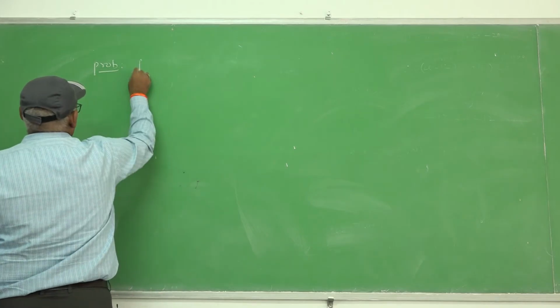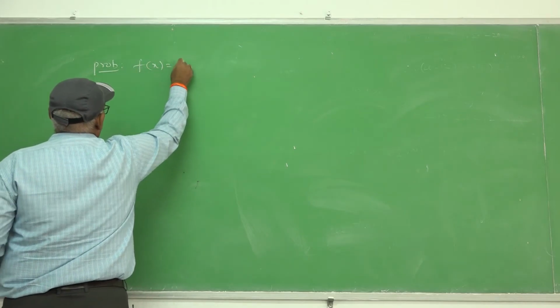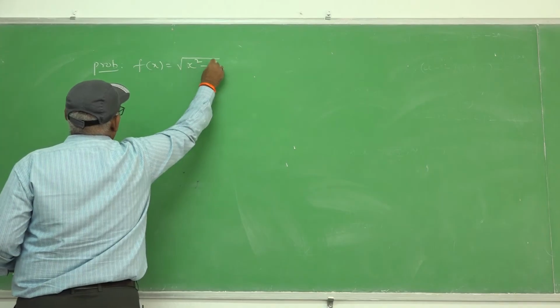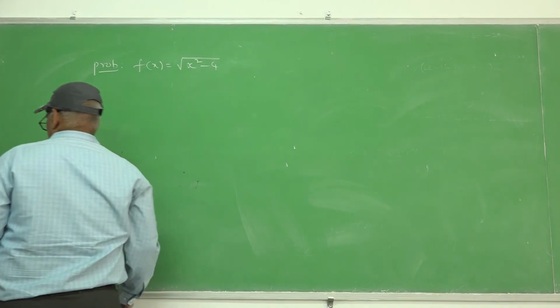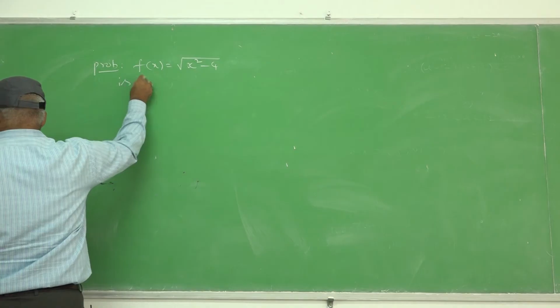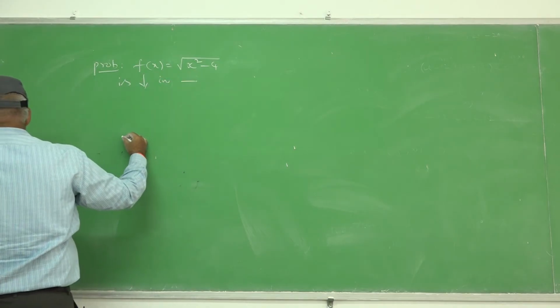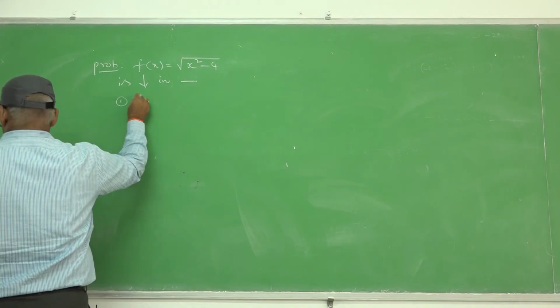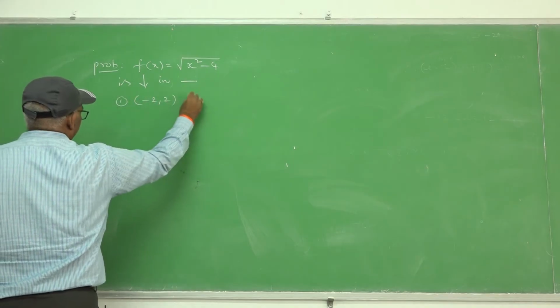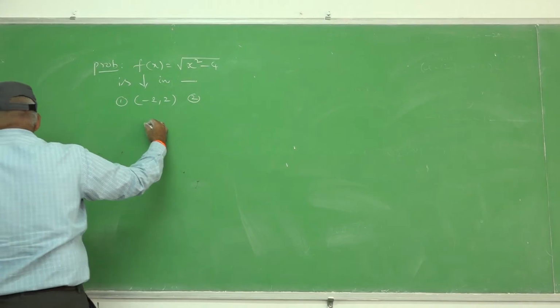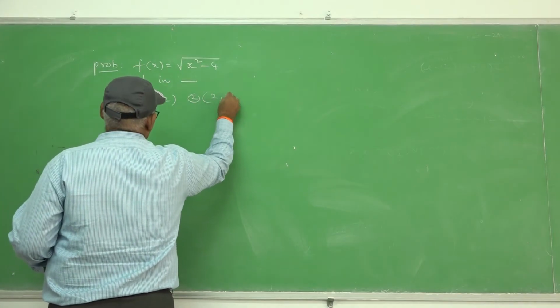f of x equal to root over x square minus 4 is decreasing in the interval. The options are minus 2 comma 2. The second option is 2 comma infinity.